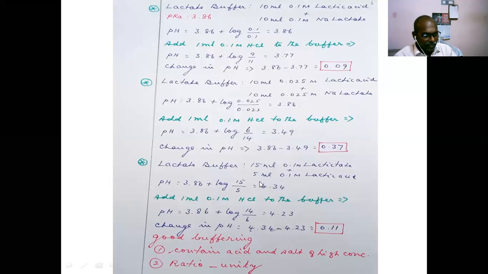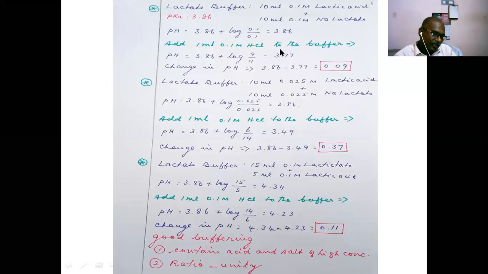And in the third case, we have taken unequal volume mixture or unequal concentrations. That means in our study, we kept the concentration constant, but we changed the volume. But as a whole, there is a concentration change. That is how we should understand. So then also the change in the pH was comparatively high.